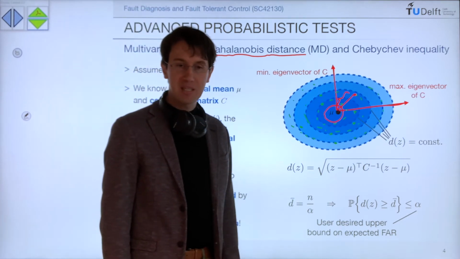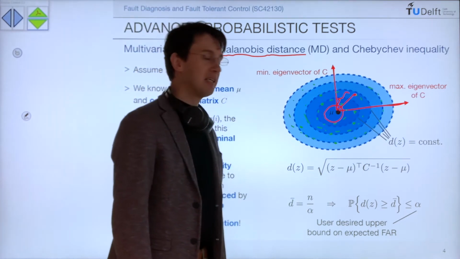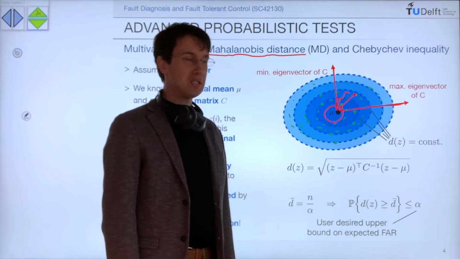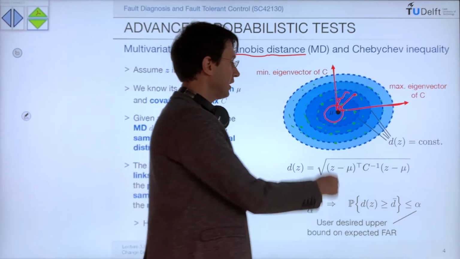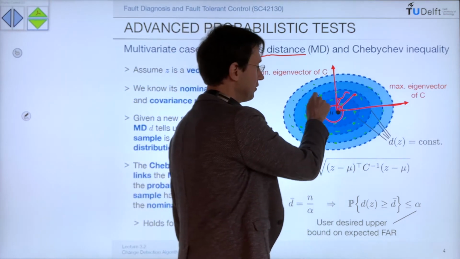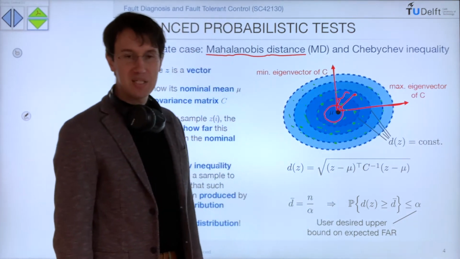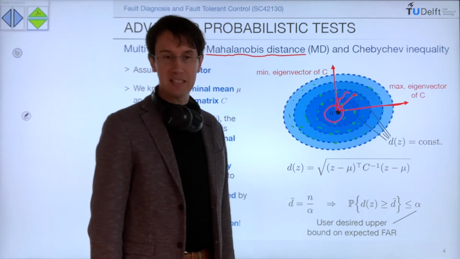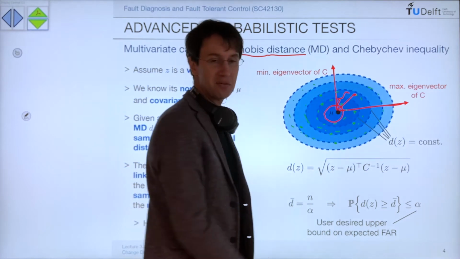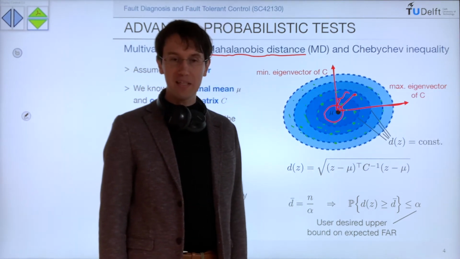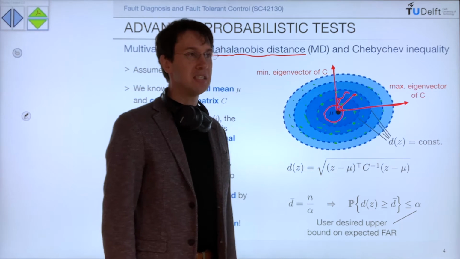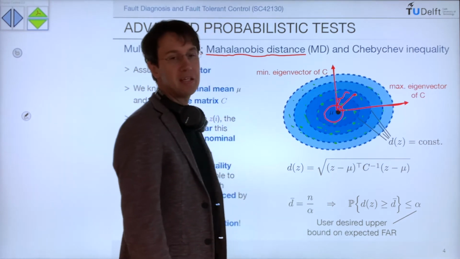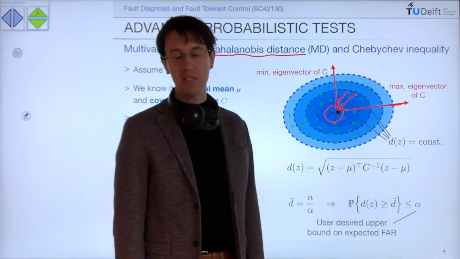So then, it is easy to tell whether a sample that you got is far away from the mean or not. You just check inside which of these ellipses you are. So remember, in the one-dimensional Gaussian case, if you are inside the circle that is equal to 3, you are no farther than 3 sigma away from the mean, so you are good. And the same thing you can apply to the Mahalanobis distance.